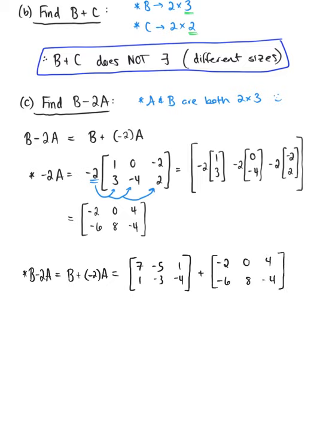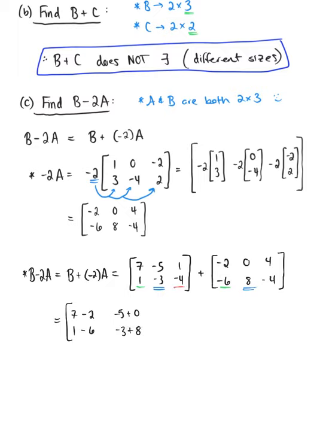So now it's just matrix addition again. So we're adding those corresponding column vectors. So we have the sum of the first two column vectors, which leaves us with 7 minus 2, 1 minus 6 for the first column vector. We then have the sum of the second corresponding column vectors. So that will be negative 5 plus 0, negative 3 plus 8.